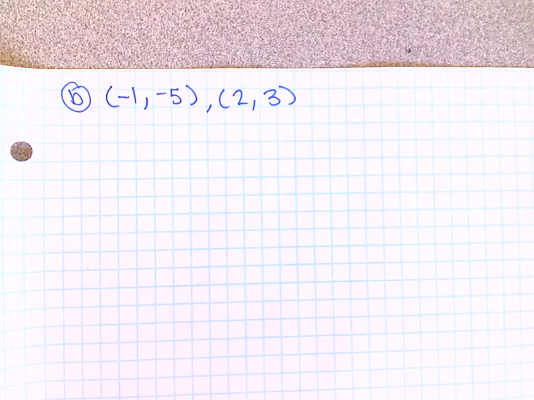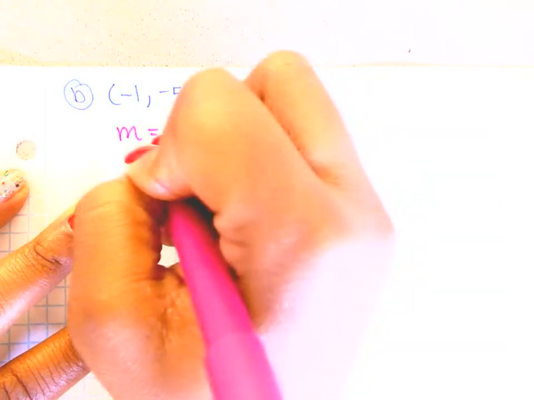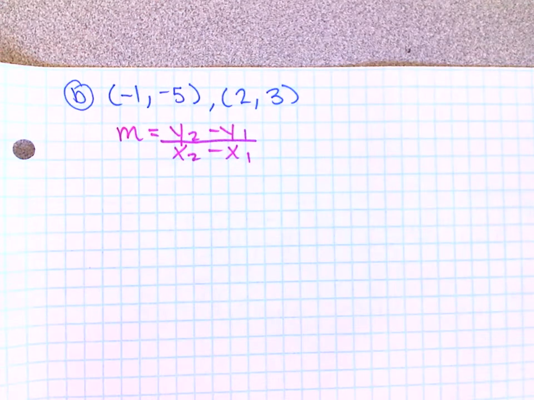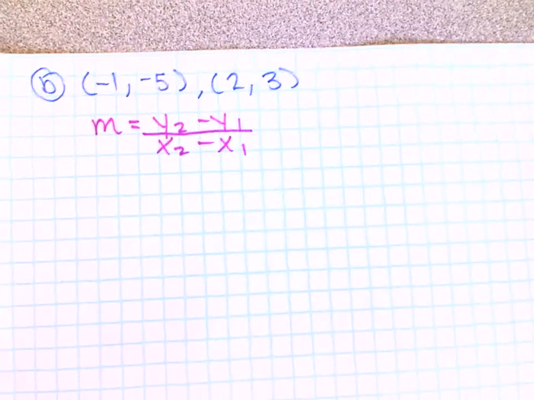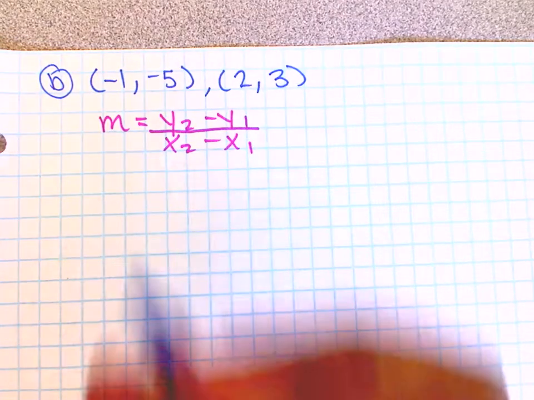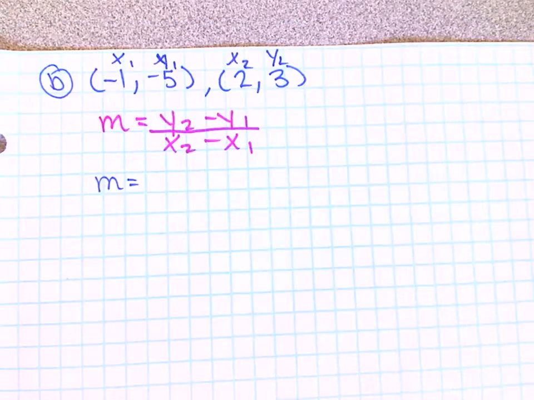Okay, so the first thing you're going to do is write that down. Slope, we don't know it, is going to be y2 minus y1 divided by x2 minus x1. So write the equation down first. Now let's plug those numbers in. m equals, okay, well this is x1 and y1. This is x2 and y2.